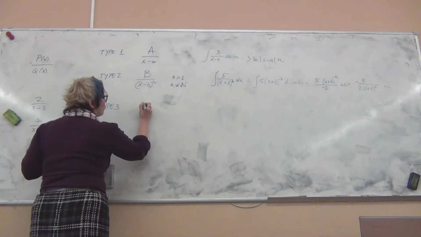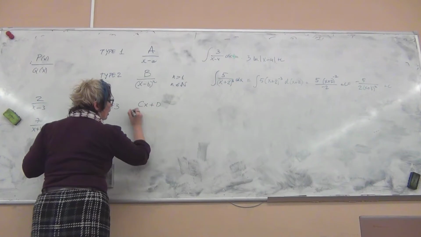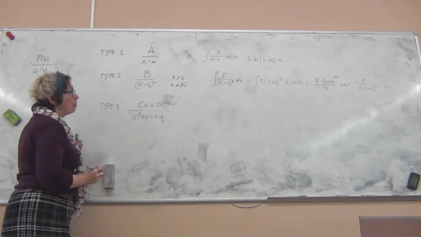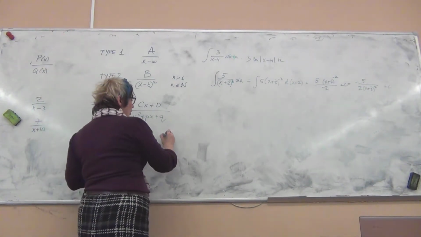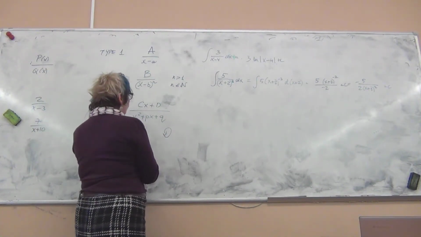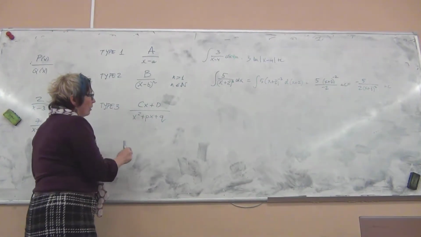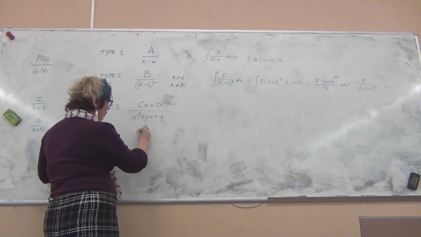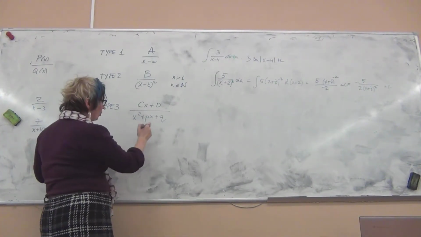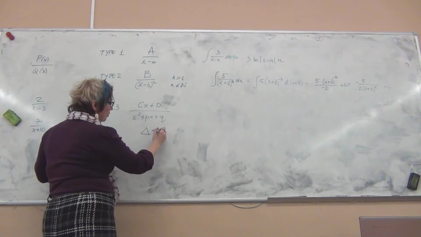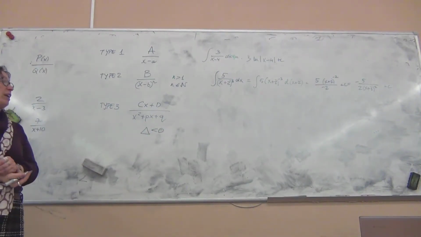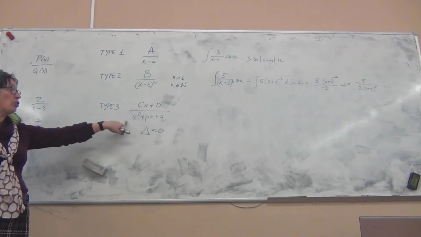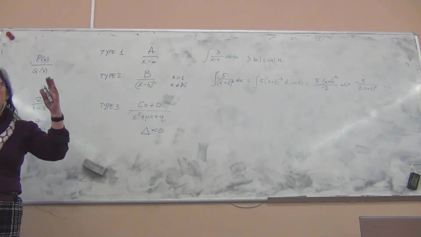And so we might have something like cx plus d over x squared plus bx plus q, where the discriminant Delta is negative. So this quadratic form is positively definite, and we cannot factorize it further.